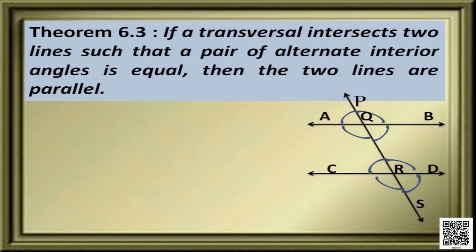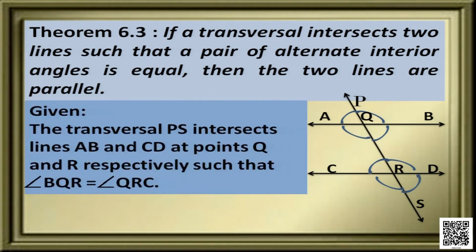So we have to draw a figure like this. AB and CD are two lines and PS is the transversal. And which are the alternate interior angles? BQR and QRC are the alternate interior angles.